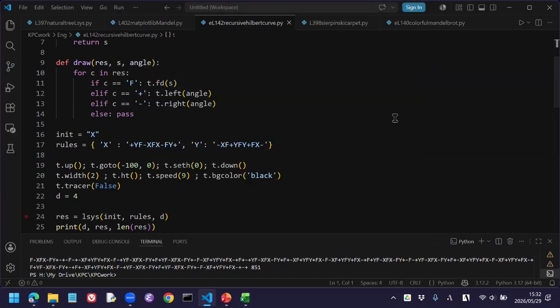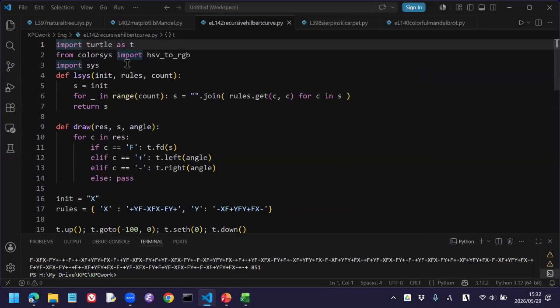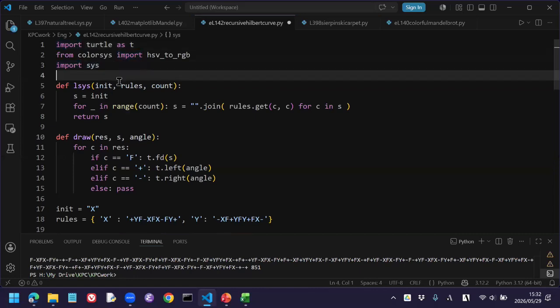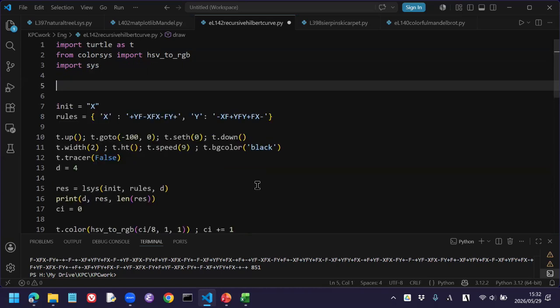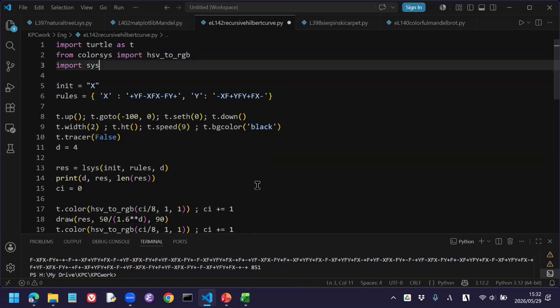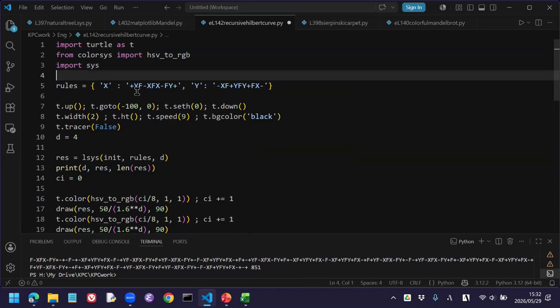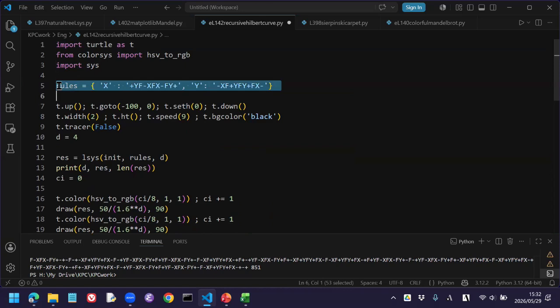Okay, so we don't need these L system definitions, and we need drawings like this. It's interesting to see. Also we don't need init. So we will just take a look at this and try to write recursive calls based on this.